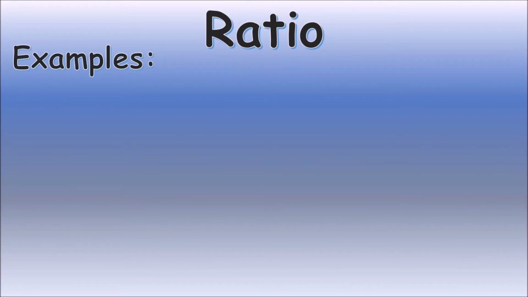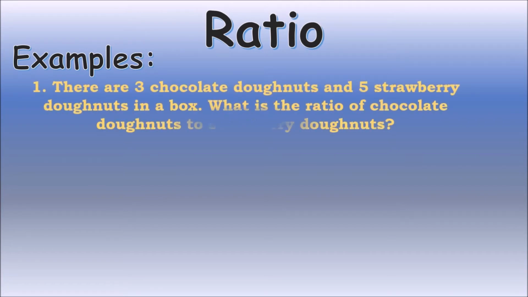So how can we write a certain situation or comparison in the form of a ratio? Let us have some examples. Let us take this one. There are 3 chocolate donuts and 5 strawberry donuts in a box. What is the ratio of chocolate donuts to strawberry donuts? This is a comparison between the number of chocolate donuts and strawberry donuts, so we can express this as a ratio.